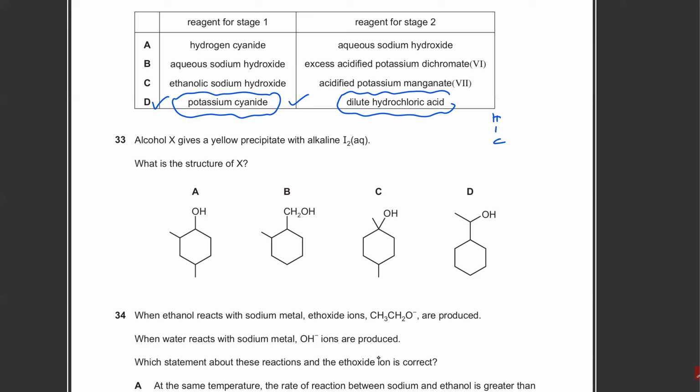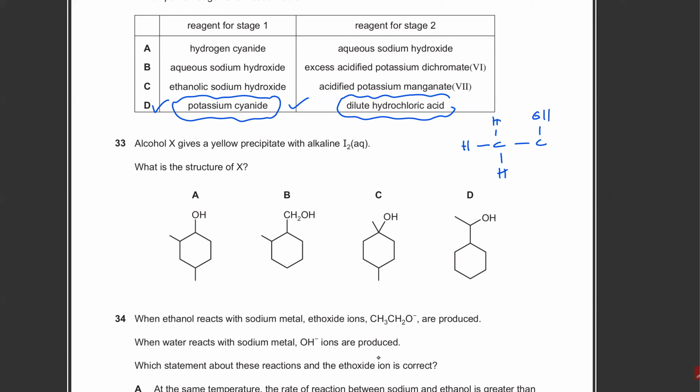So it's D. It has to have the OH, and there has to be an H as well. It is D, because this is CH3 and there's a CH and OH, right?